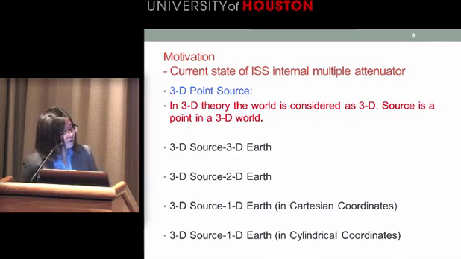For different kinds of Earth, we have different requirements from our algorithm.